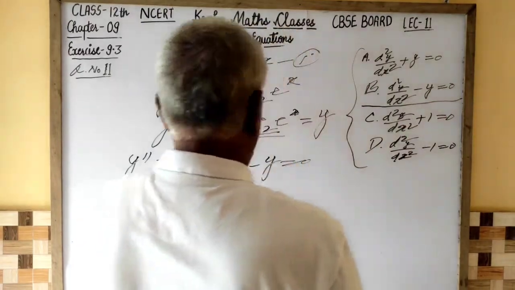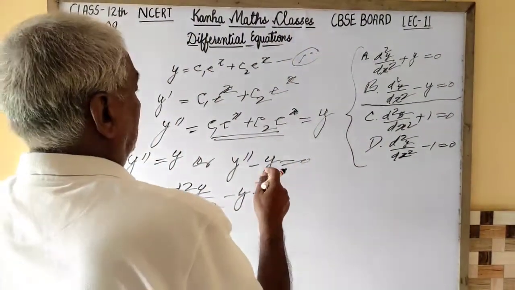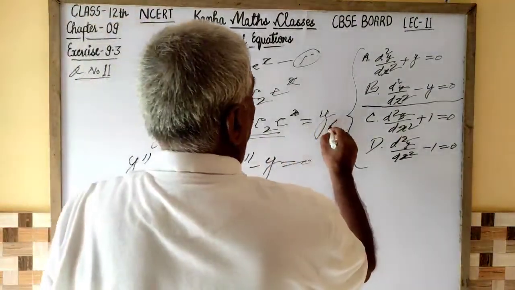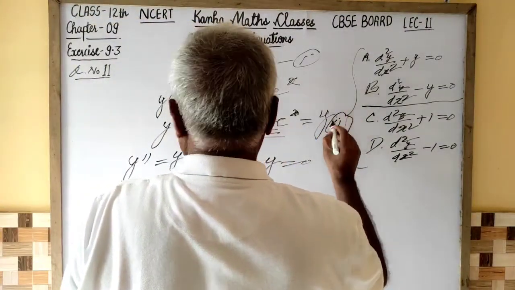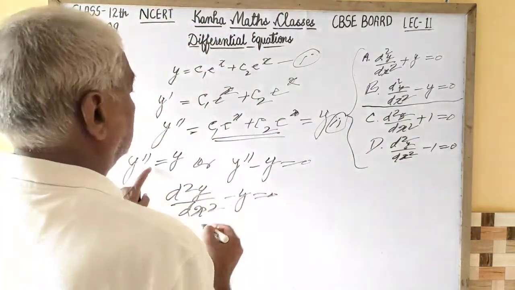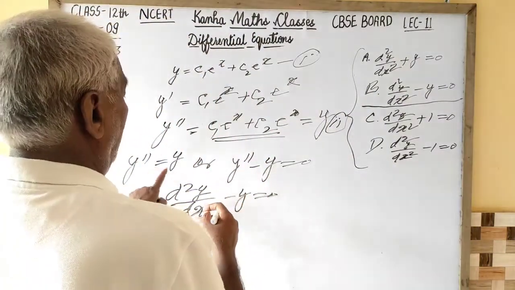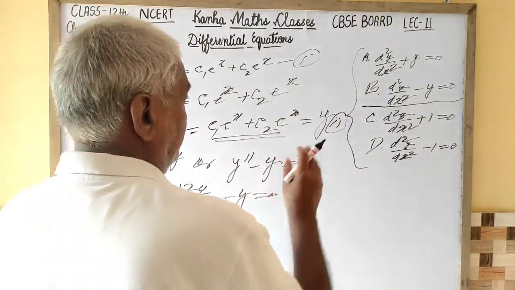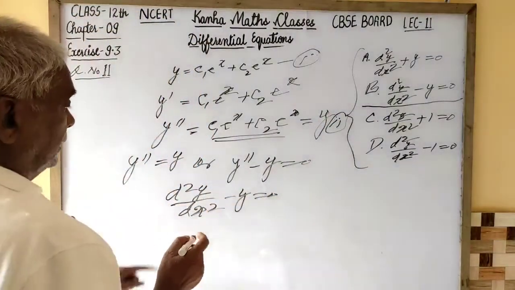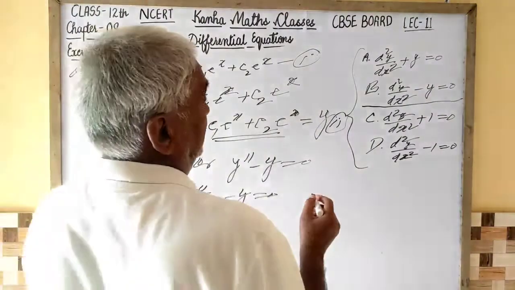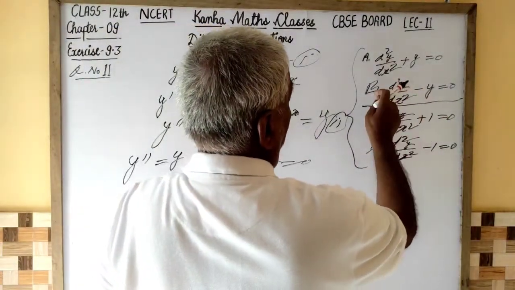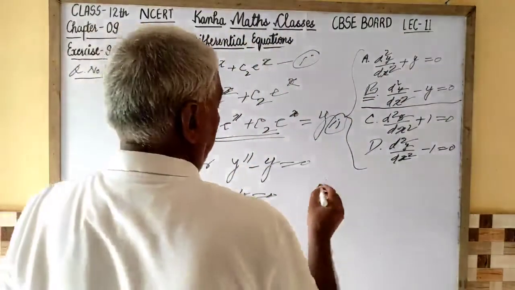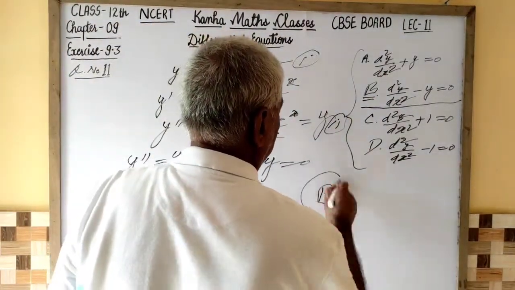Hence we will adopt the only format here in 2, that y double dash is equal to y or y double dash minus y is equal to 0. By simple inspection we see that this is nothing but the differential equation under heading B. Hence alternative B is correct.